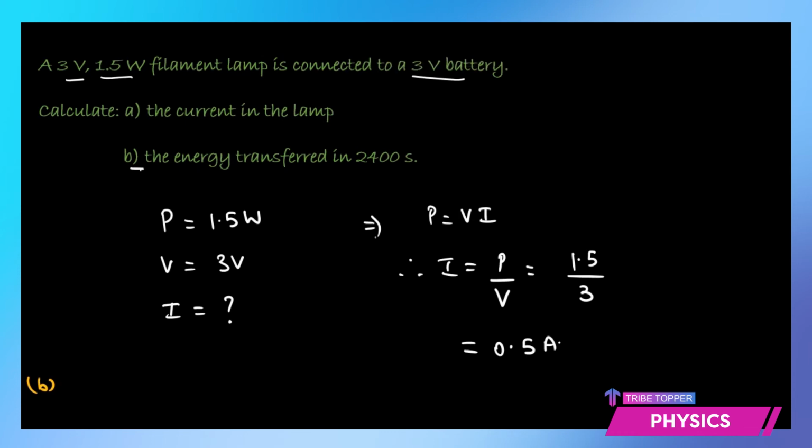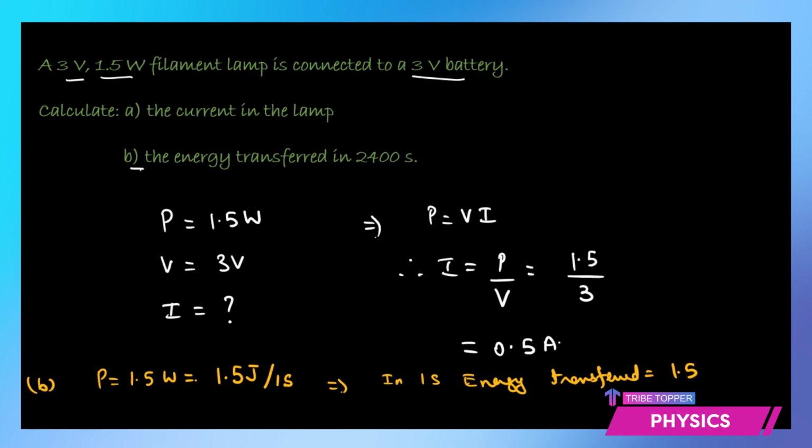When they say the power is 1.5 watt, what does that suggest? This suggests that the energy consumption is 1.5 joules in 1 second, because 1.5 watt power means 1.5 joules per second.